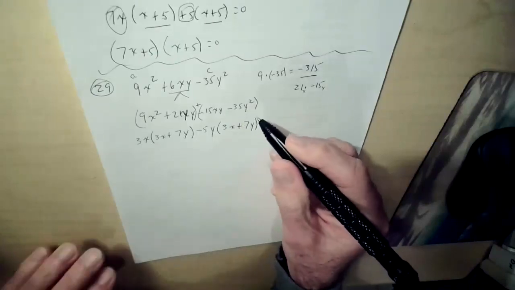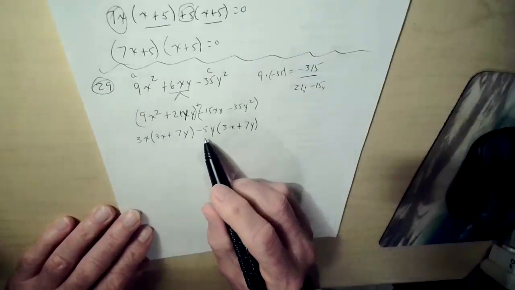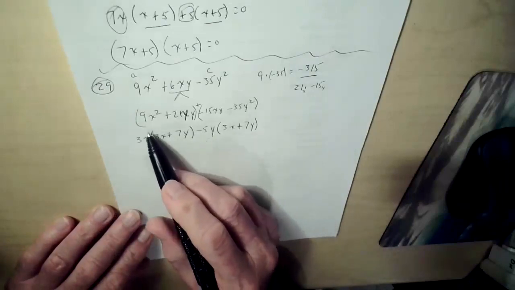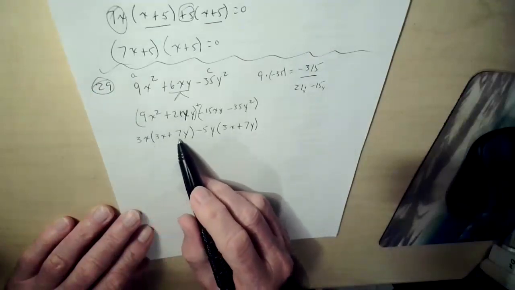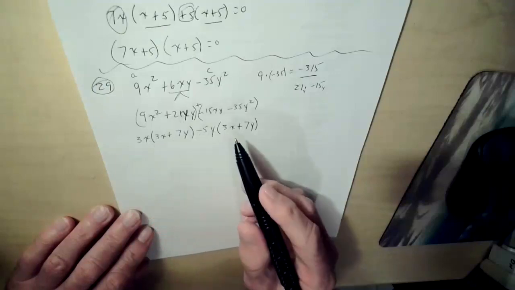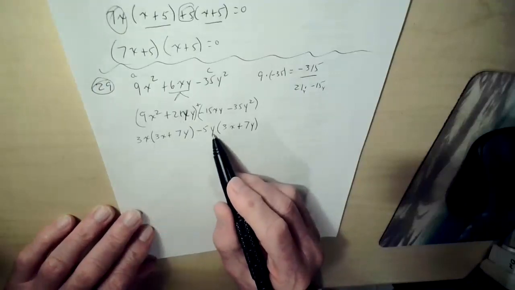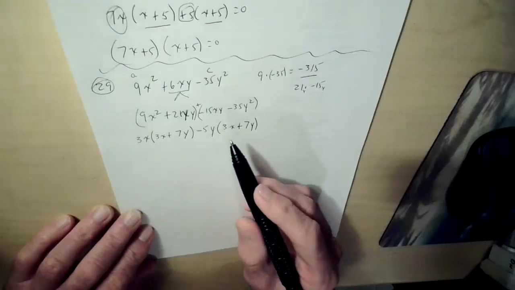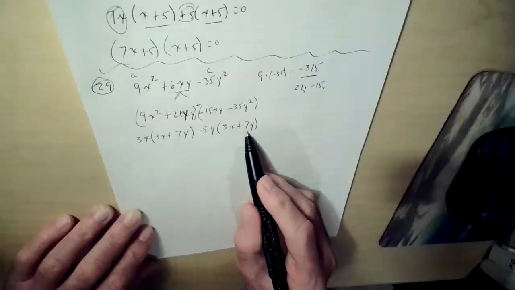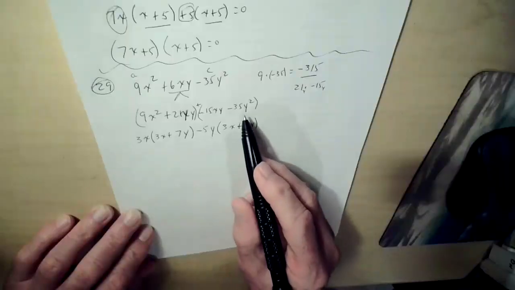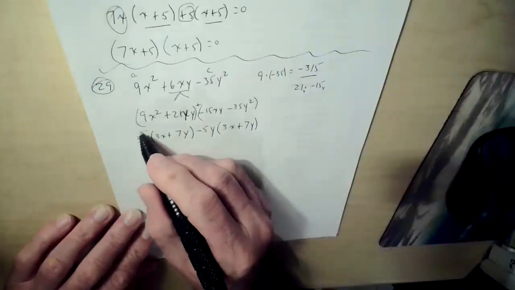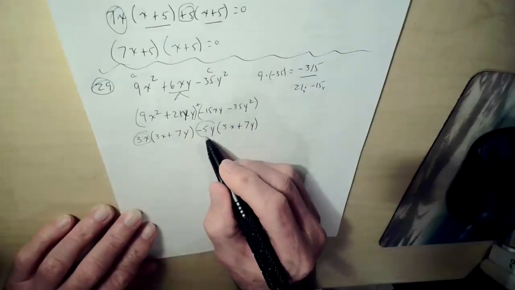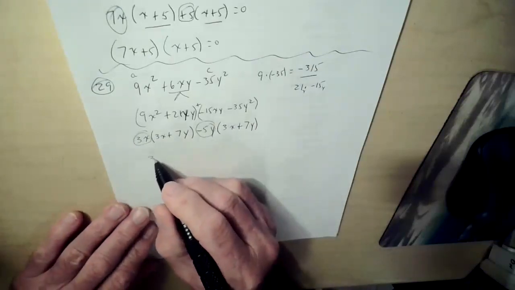Plus 5 will go into 35 7 times, and there's one y left over. Okay, I'll do it backwards. It only takes a second. 3x and 3x, 9x squared. 21xy, yep. Negative 5y times 3x is negative 15xy. Yes. Negative 5y, negative 35y squared.